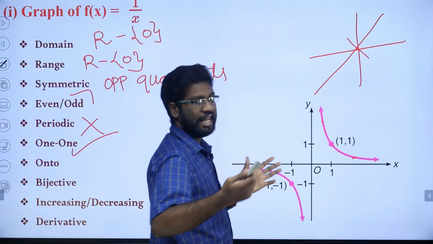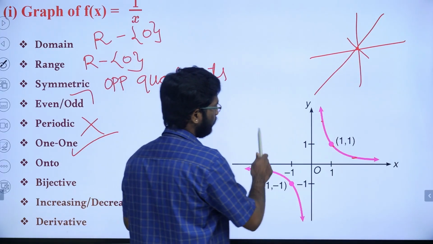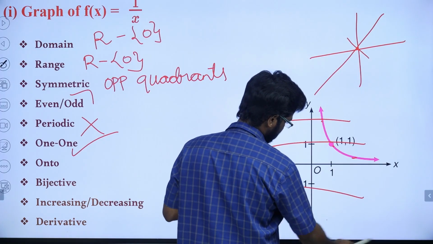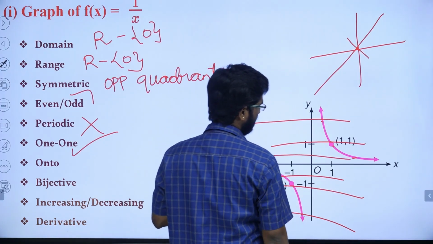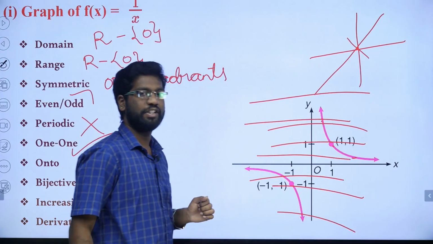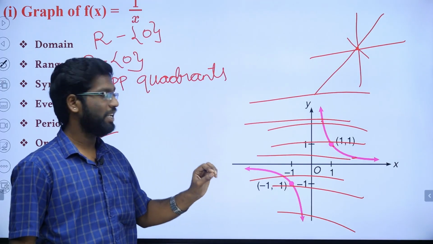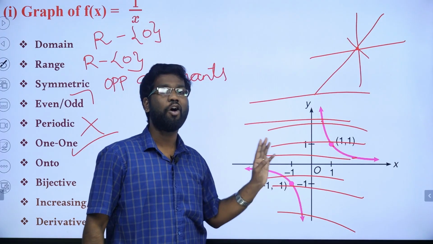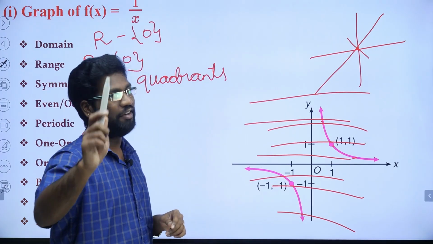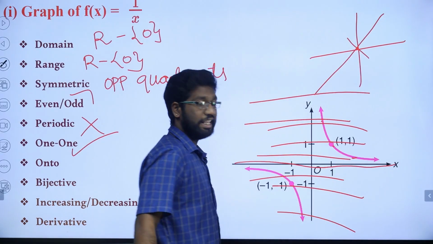By the graph I can directly say, my dear students. From the graph, how can we say? If I draw any horizontal line anywhere in the graph, it has to touch my graph, my dear students. If there is any lacking, then I can say this graph is not an onto function. Here you can have the doubt, sir, at 0 there is the line which does not touch any graph, sir.